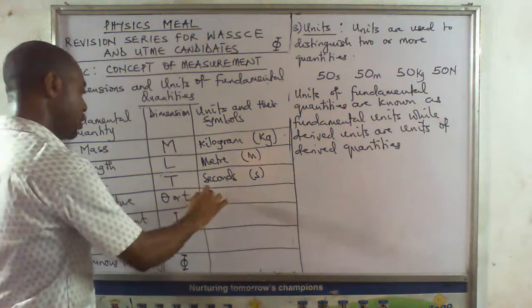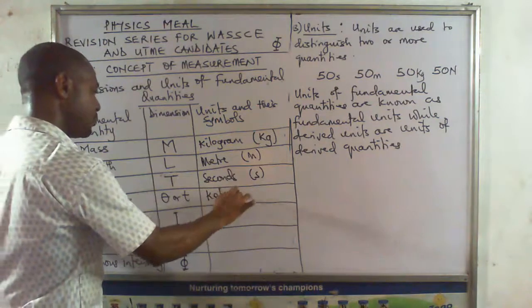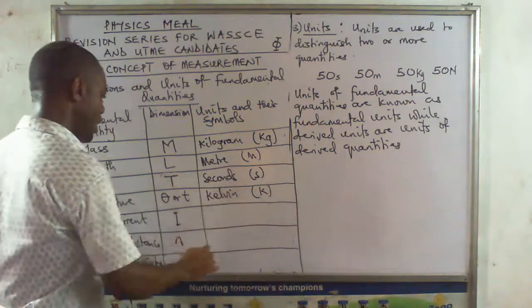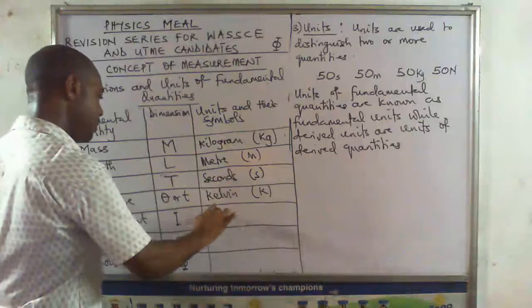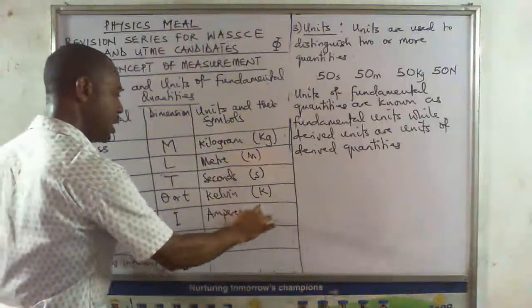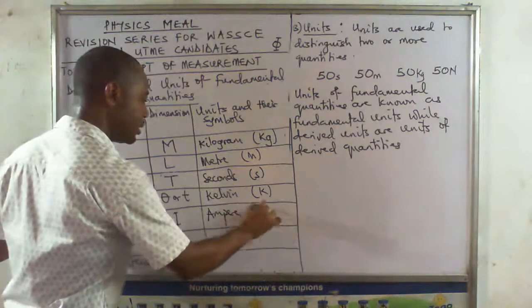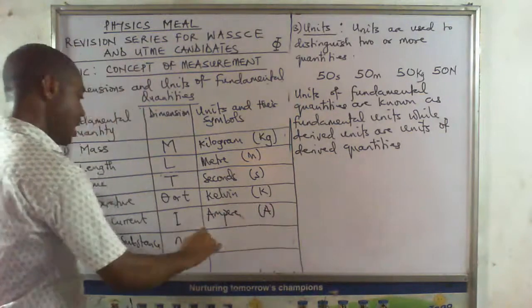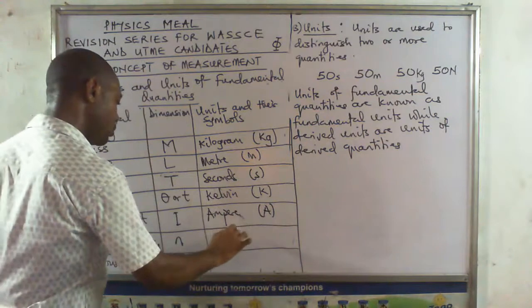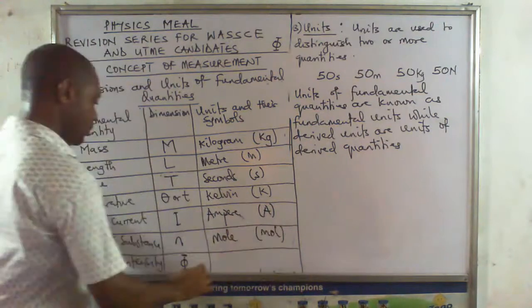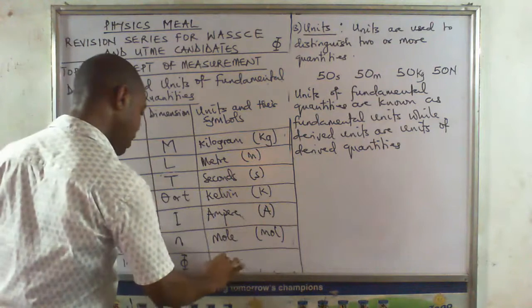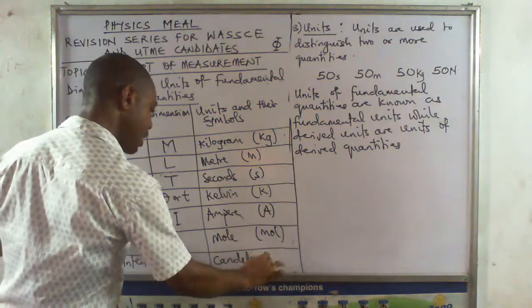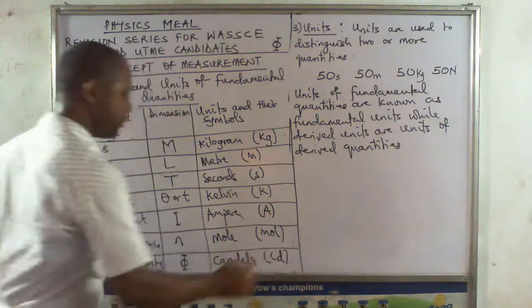Our temperature, we have Kelvin, and the symbol is K. We have ampere, and the symbol is capital A. We have mole, and we usually write mol as the symbol. Then this one we have candela, and the symbol is cd.